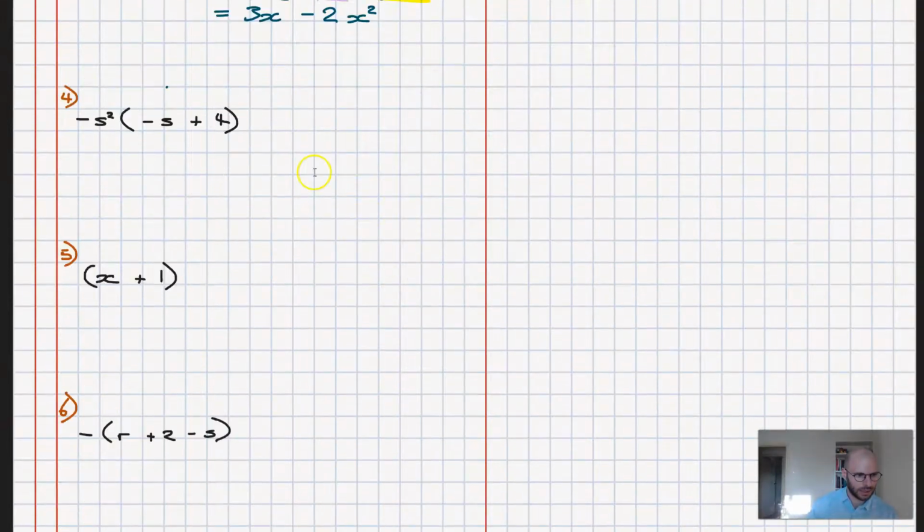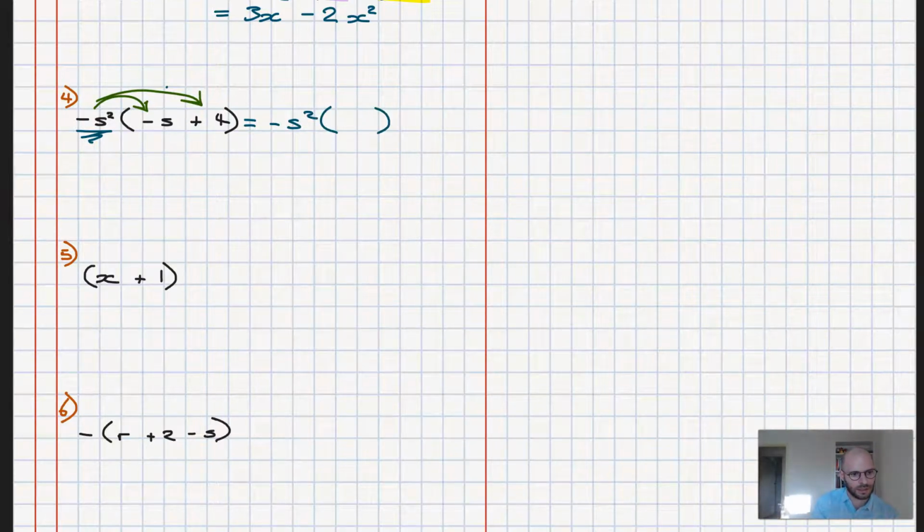Going down, we have minus s squared, minus 4 times minus s plus 4. So quite a bamboozling one. We're going to break it open as so. So we get our first term, which is our minus s squared.